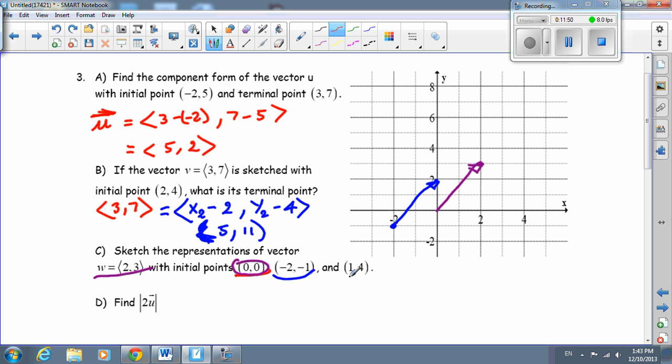Let's go ahead and do the last one at 1, 4. Do the same concept. Run 2, rise 3, and I'll be able to graph another vector. All these vectors are identical. They are all W. It's just starting at a different location.